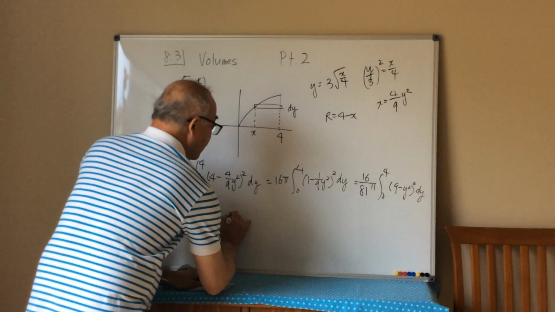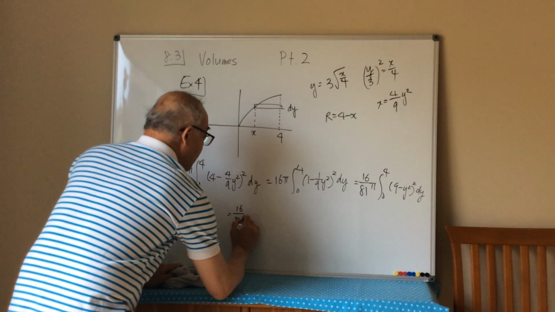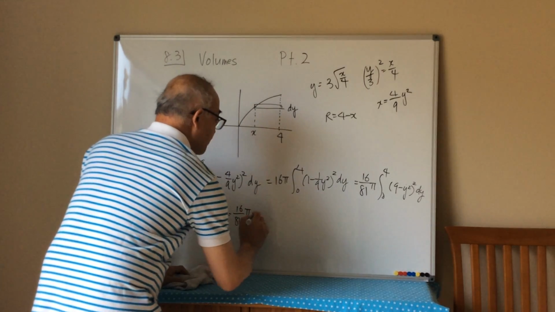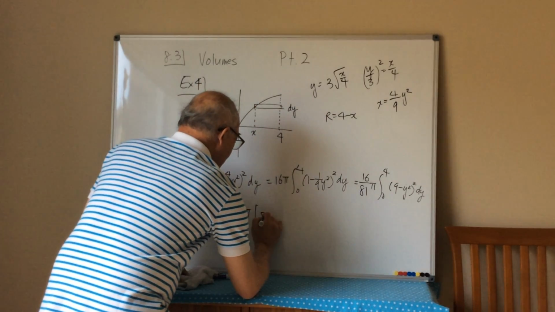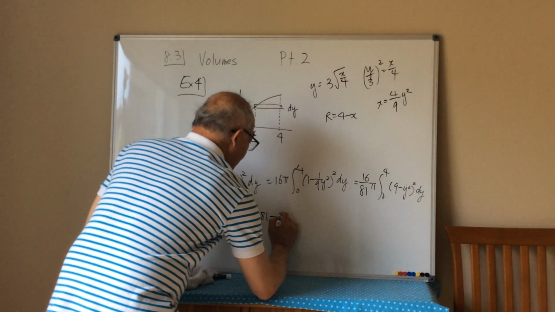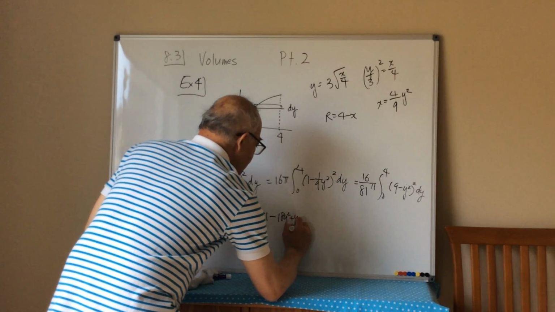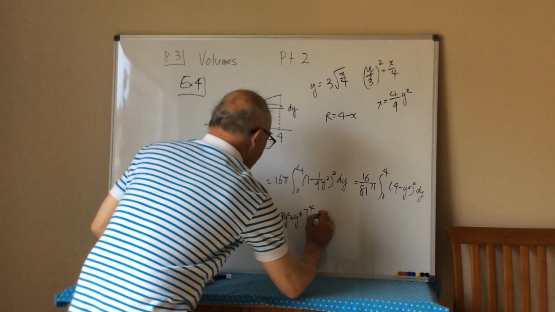So what do I have here? I'm going to end up with 16 pi over 81 on the top: 81 minus 18y squared plus y to the 4th, 0 to 4.